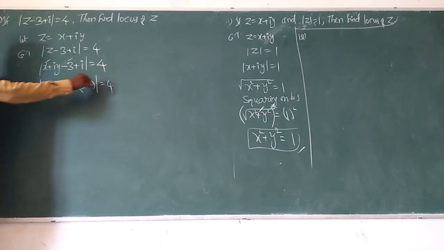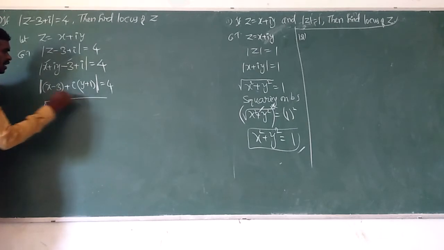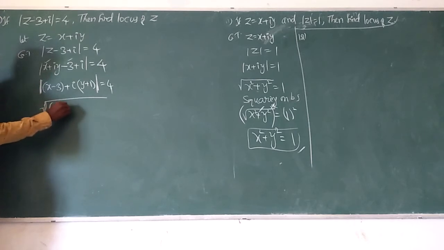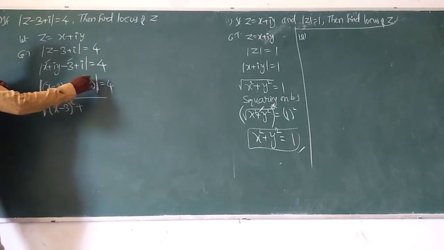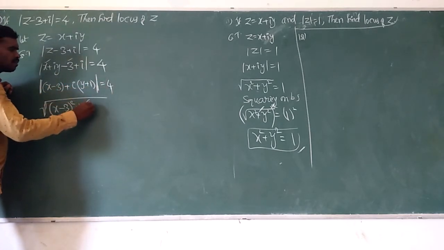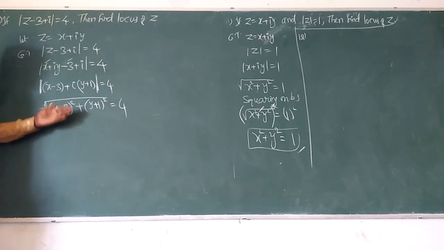Simplifying the modulus, we write square root of the real part, x minus 3 whole square, plus imaginary part, y plus 1 whole square, equal to 4. By simplifying we will get the locus of z.